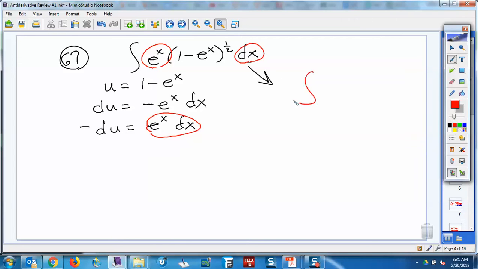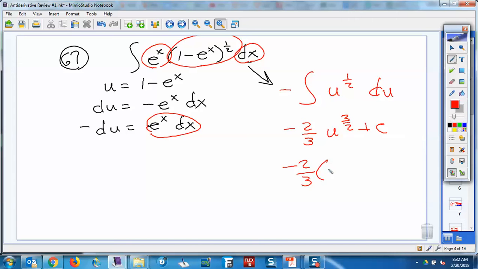So that's going to be negative and a du. And then we got this, which is u to the 1/2. So now we raise that up to 3/2, divide by 3/2, it'd be negative 2/3 u to the 3/2 plus c, which would be negative 2/3 times 1 minus e to the x to the 3/2 plus c.